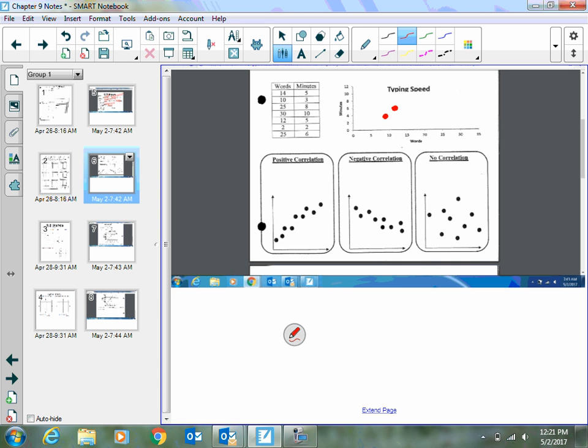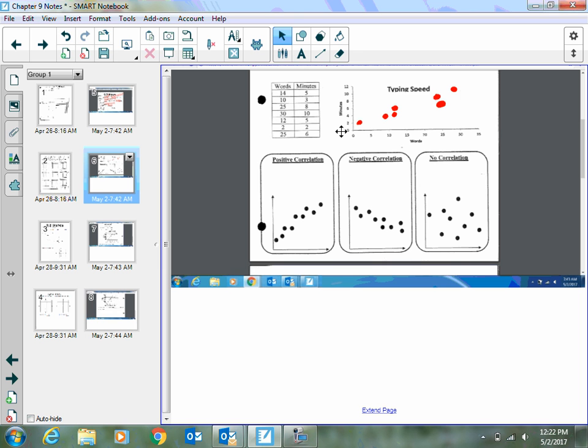Now everyone's is going to look a little bit different just because it's not precise, but they should look similar. It should look something similar to mine up there.